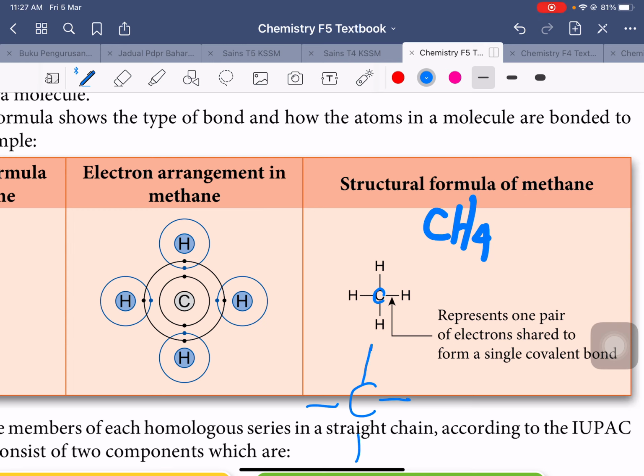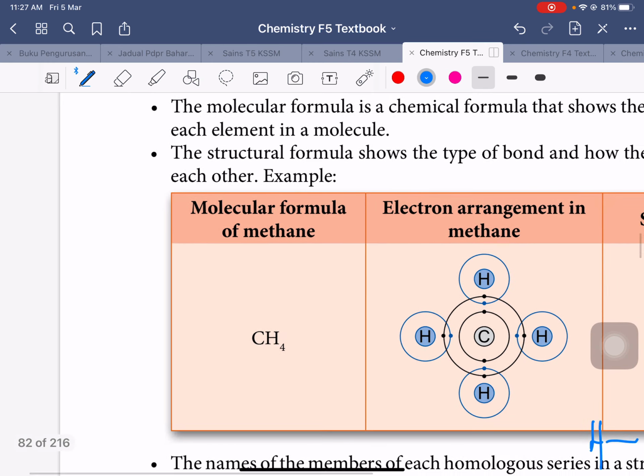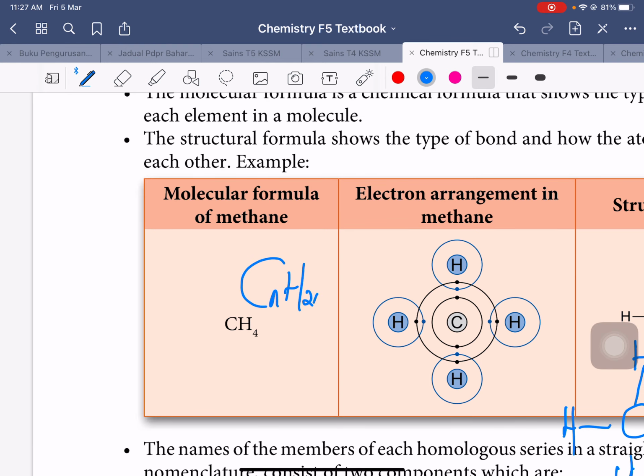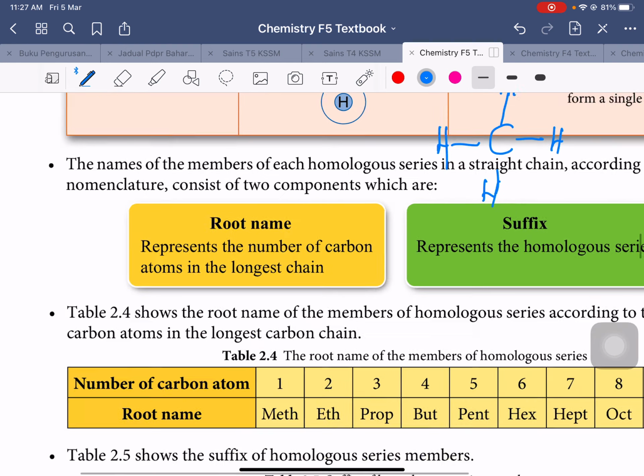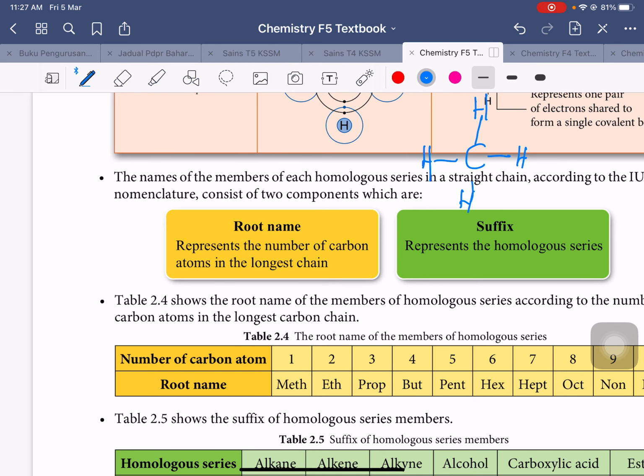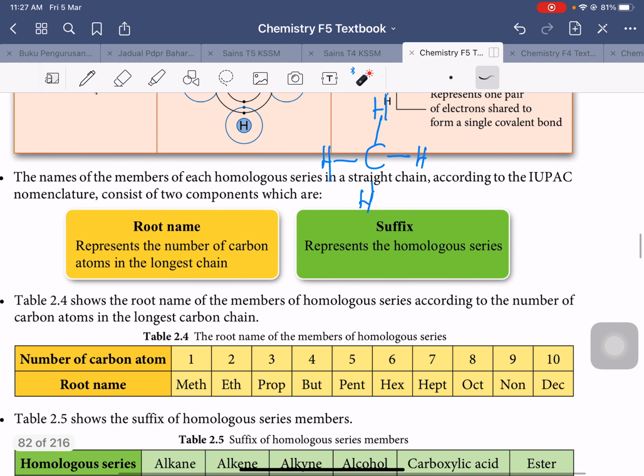So what is the element bonded? It's actually the H. Macam mana they know that this first formula ada 4 is actually from the general formula CnH2n+2. Kita akan tengok lebih banyak after this. So let us look at this one first.